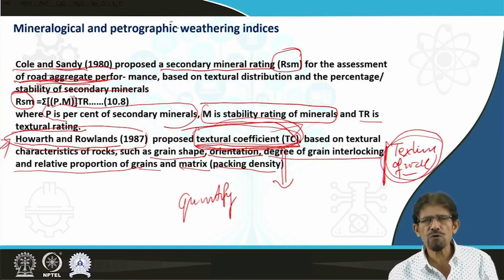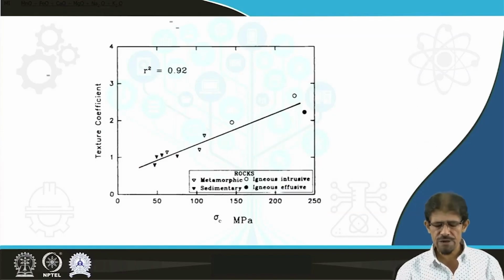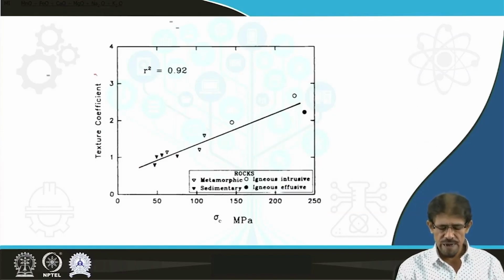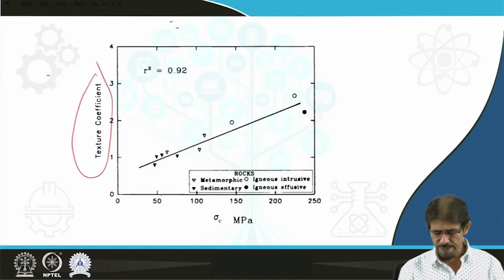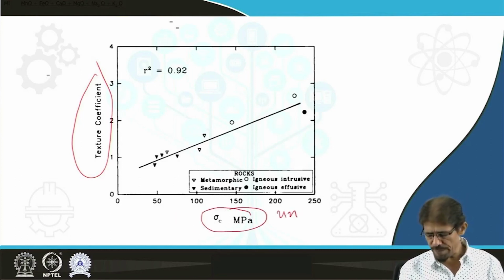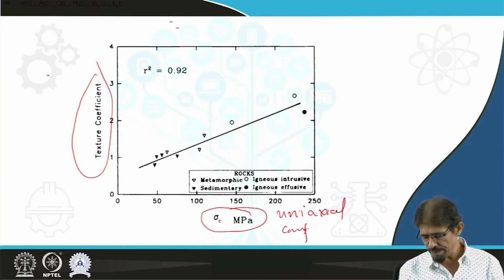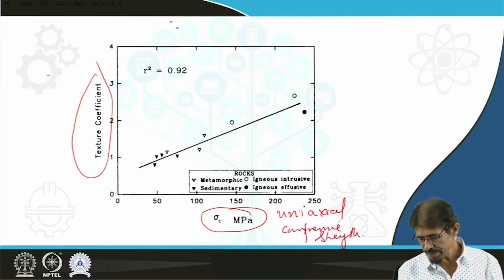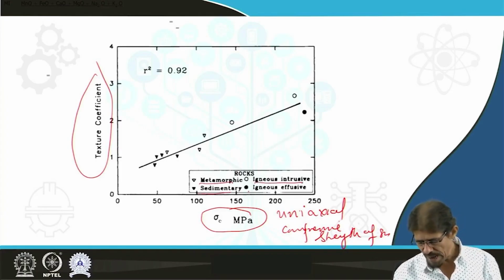If we look here, we can see one correlation, the textural coefficient and the uniaxial compressive strength of some rocks belonging to metamorphic, igneous, sedimentary, and again igneous, effusive.